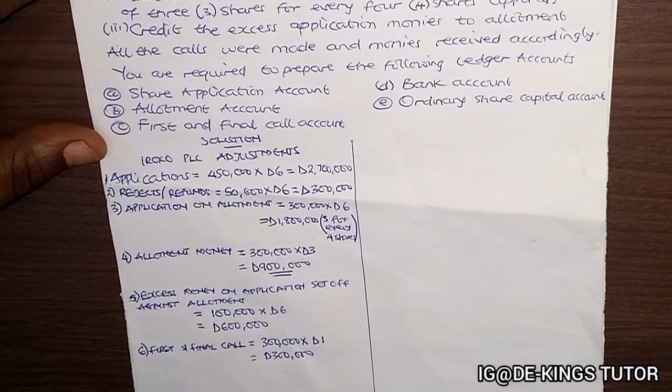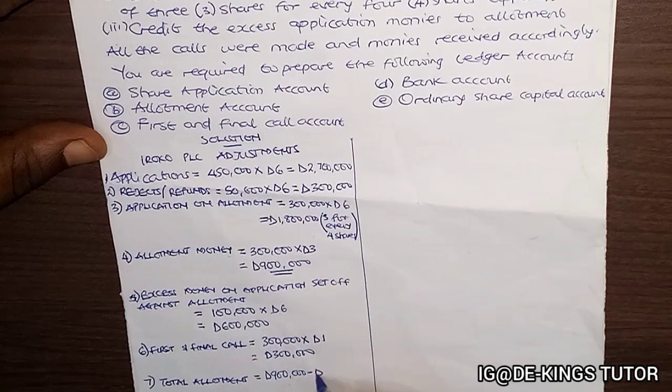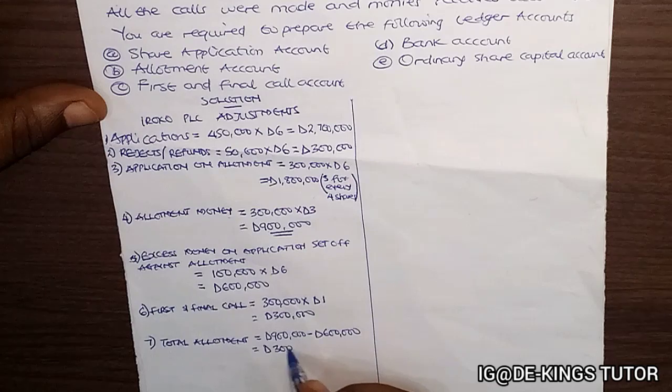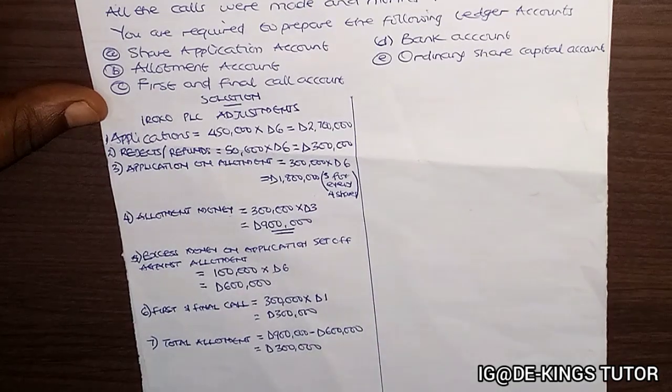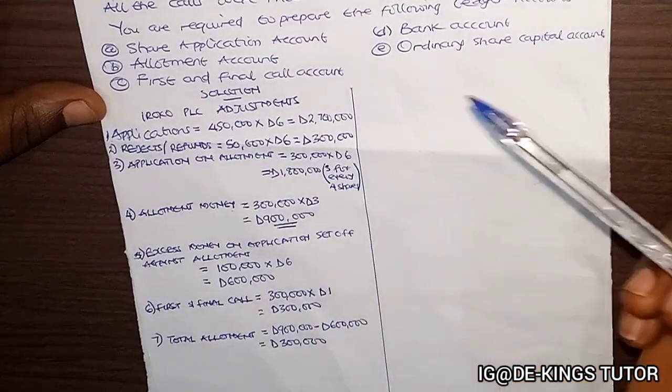Now to get the actual allotment, the total allotment, it will be the allotment money, which is 900,000, minus 600,000, the excess application money set off against allotment. So what we now have is 300,000. Those are the adjustments that are needed.